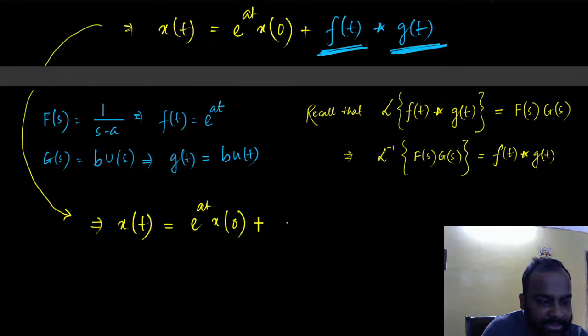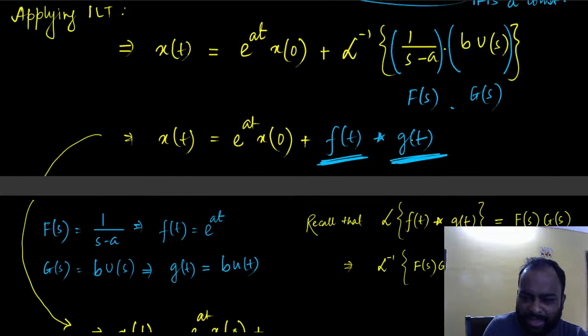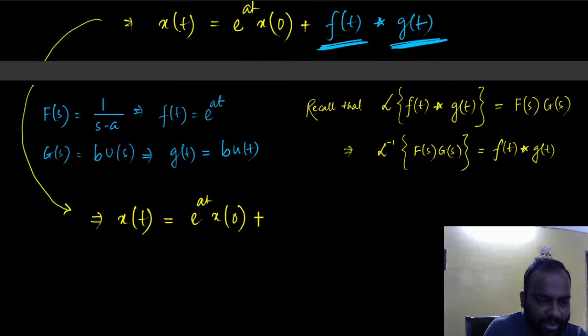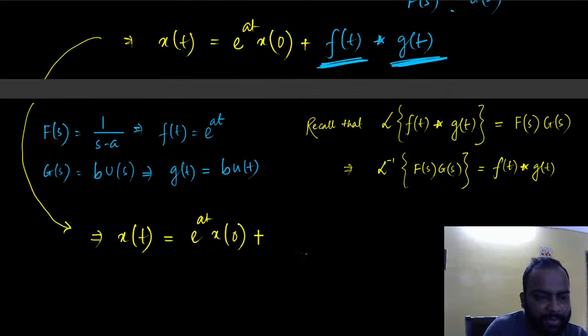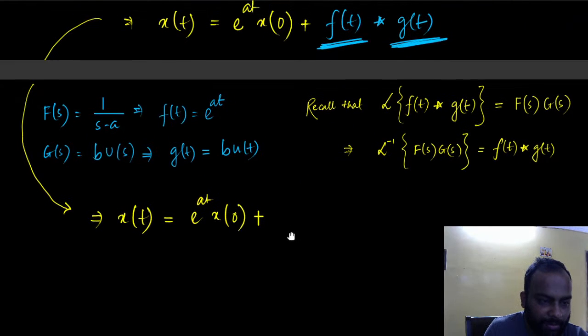Let's keep f(t) and g(t) because we have defined F(s) and G(s) accordingly. Now we are saying that all the signals involved here are causal signals, so their values are 0 before t equal to 0, and all the systems are also causal, so the impulse responses are also causal signals.